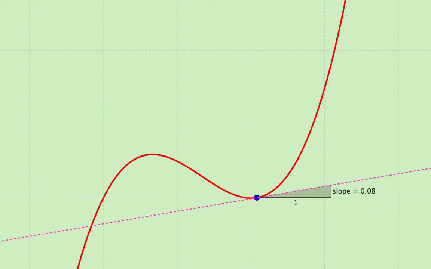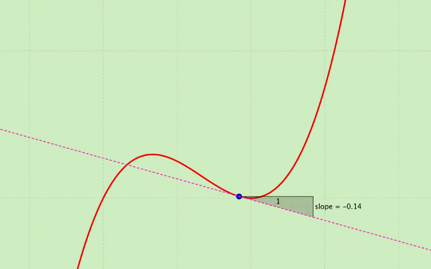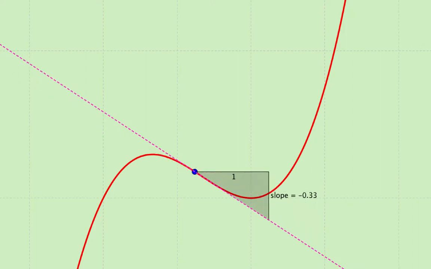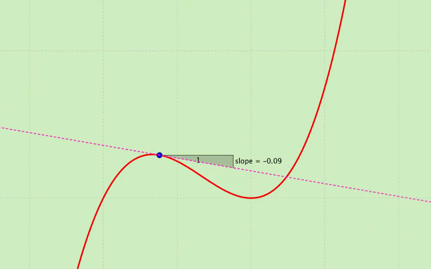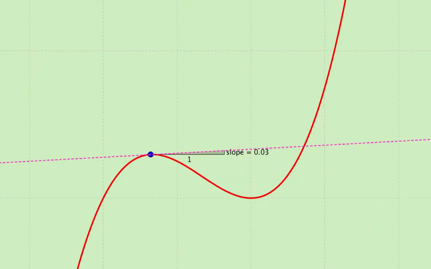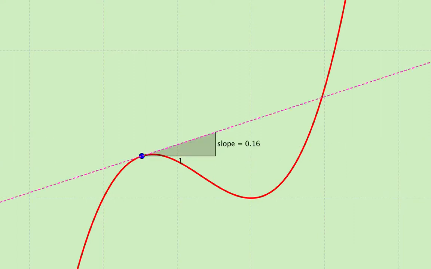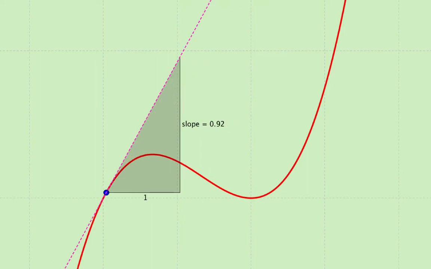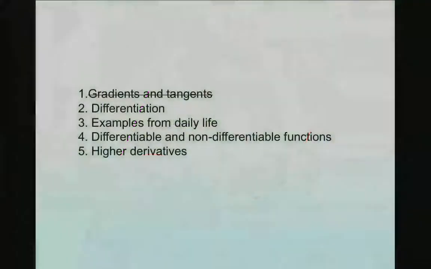It's very close to 0 over here. And now if I move in the other direction, the slope has become negative. The line is now tilted the other way. And as I go up, the slope changes until it reaches the flat point at which the slope is very close to 0. And then again the slope starts increasing as I go to the left.